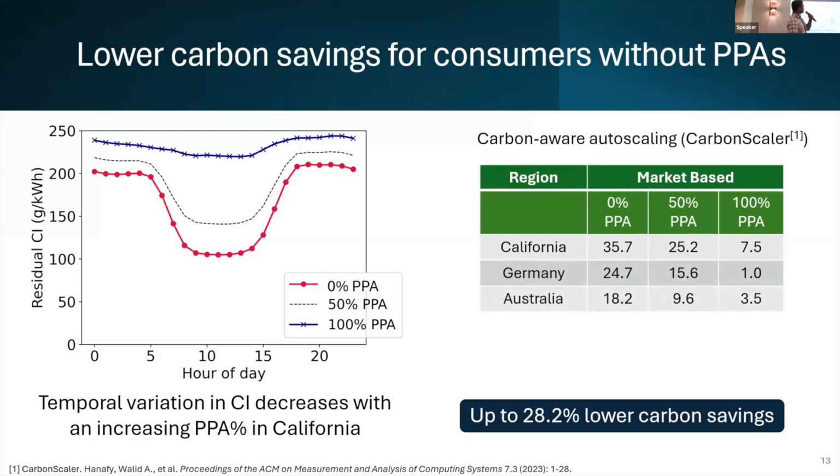And in some regions, for example, in Germany here, in the worst case, carbon aware optimizations may yield negligible carbon reductions. Again, in reality, we do not know how much of this electricity is under PPA. So we show the whole range of numbers, from nothing under PPA to everything under PPA.